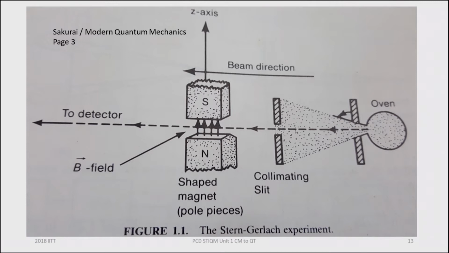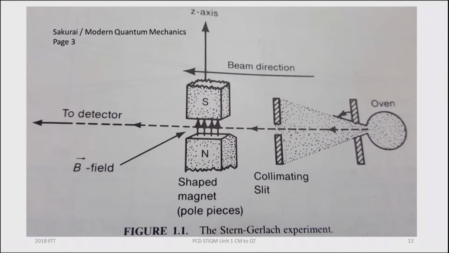You have a shaped magnet, and what it does is it separates the incoming silver atoms into two, because the silver atom is a neutral atom, but outside it has got an unpaired electron.